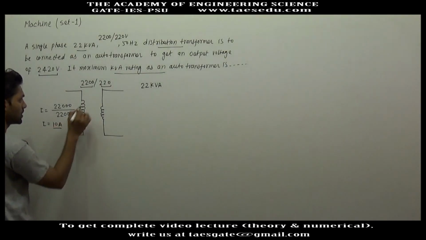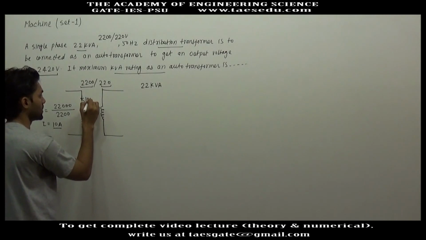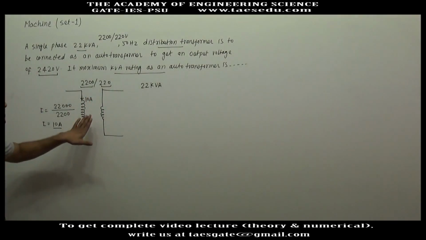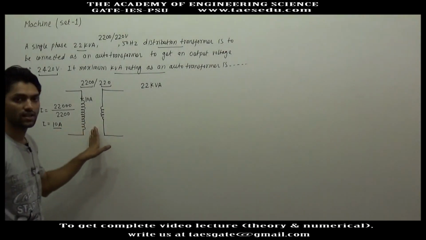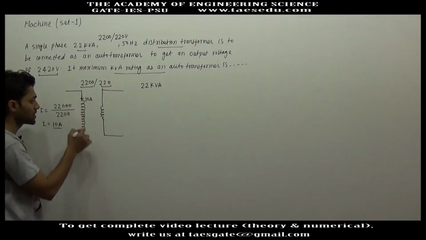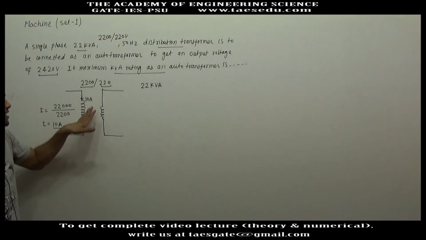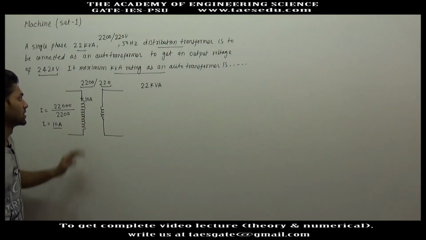So the current rating of this winding is 10 ampere. It means in any case, whether it is working as a 2-winding transformer or as an auto transformer, this high voltage winding cannot sustain a current more than 10 ampere. This is the meaning of current rating of this winding.